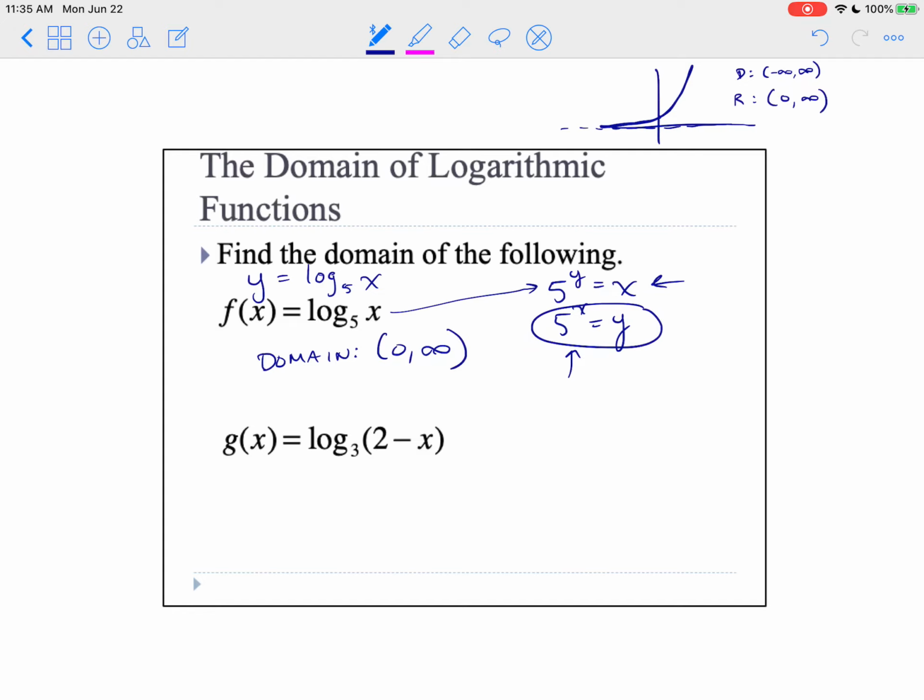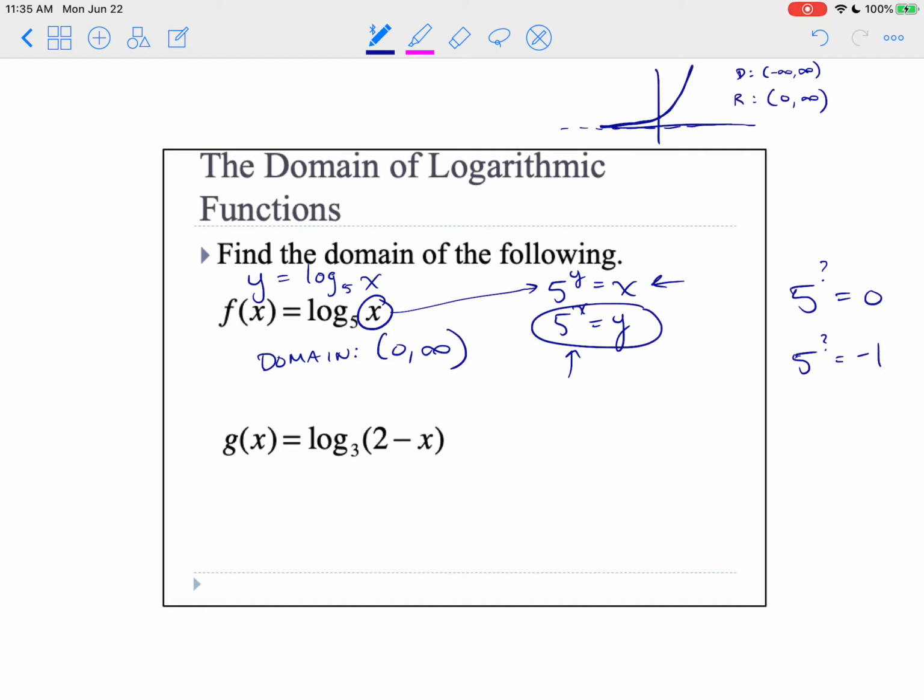Now, an easier way to do this is we can always just set what's inside the logarithm greater than 0, and that will give me my domain. It doesn't make sense to plug in a negative value here, and it actually doesn't make sense to plug 0 in here, because the question would be, what would I raise 5 to get 0, or what would I raise 5 to get a negative number?